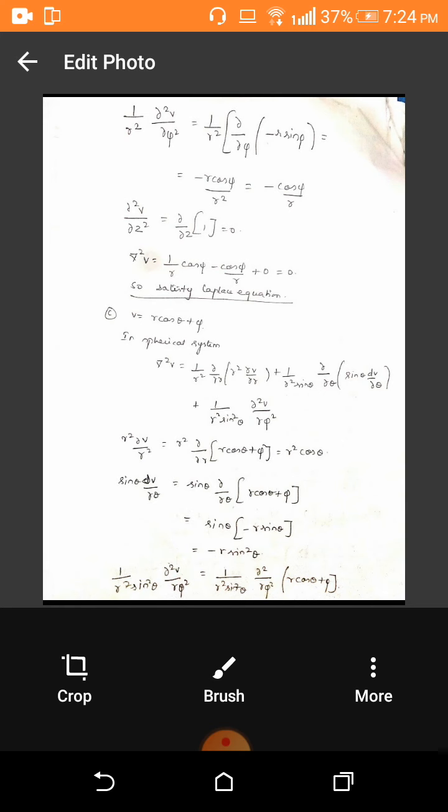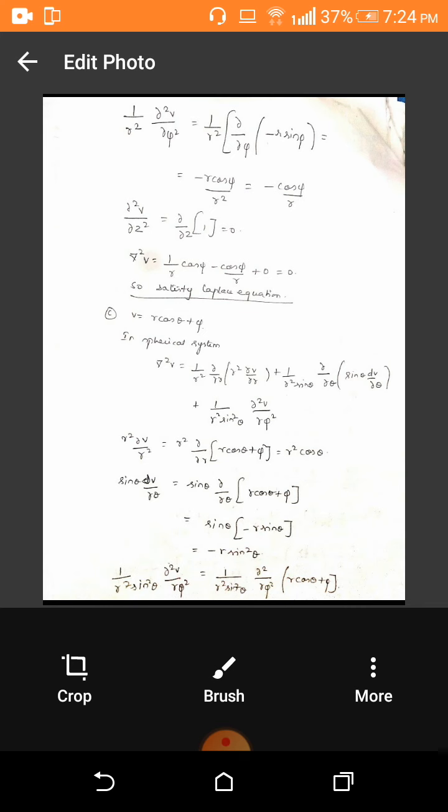We are going to differentiate with respect to pi. Therefore you will be getting R cos pi. So minus sign will not get changed, so it remains the same. So your expression becomes 1 by R square into R minus R cos pi. So your R and R get cancelled and you will be getting the final term minus cos pi by R.